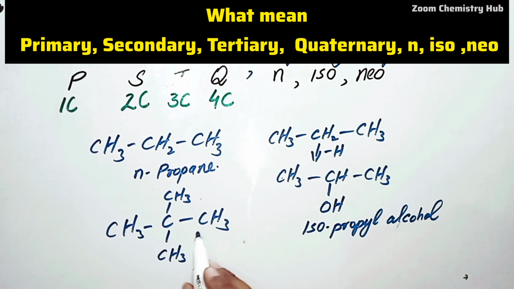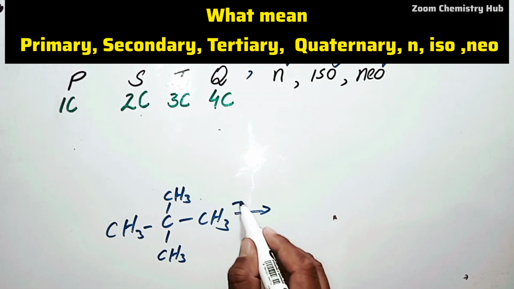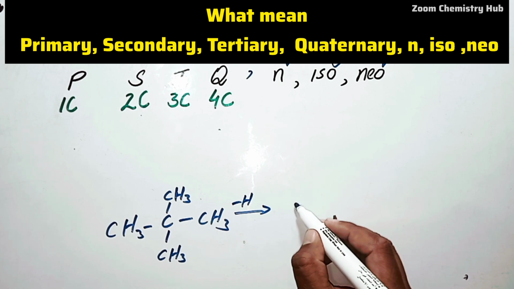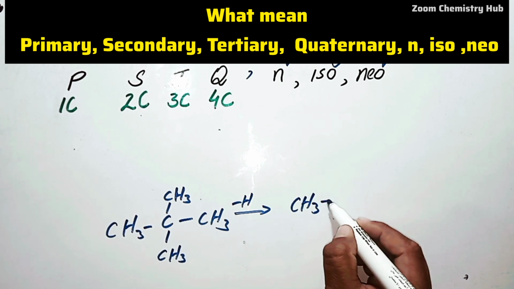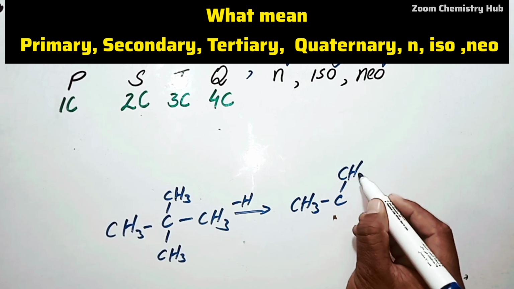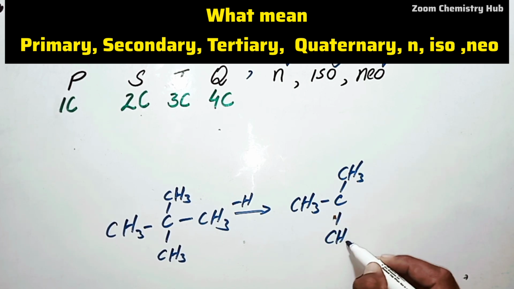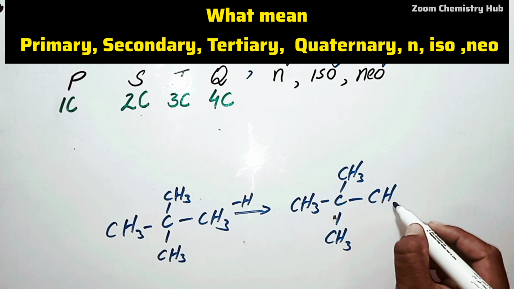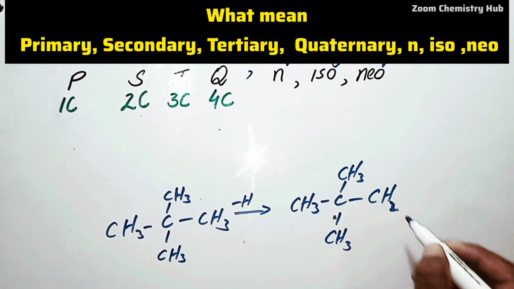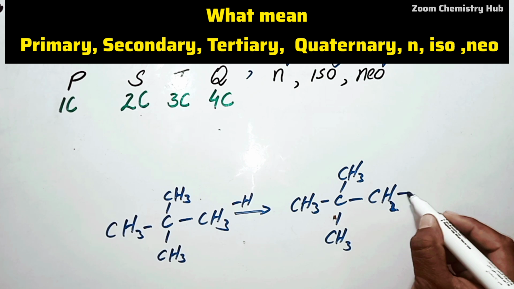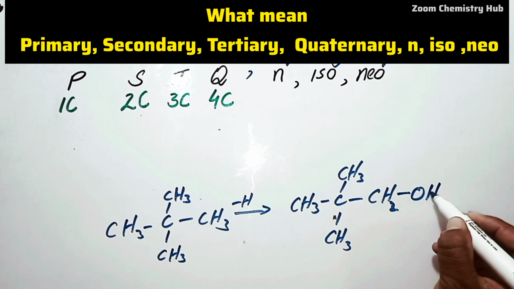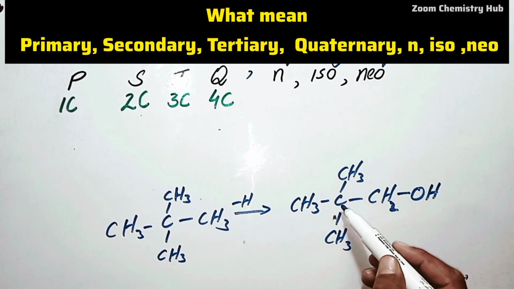And if we remove one hydrogen from this, it changes into, and this is the vacant side. And if we attach on this side an OH group, this is called the neopentane.